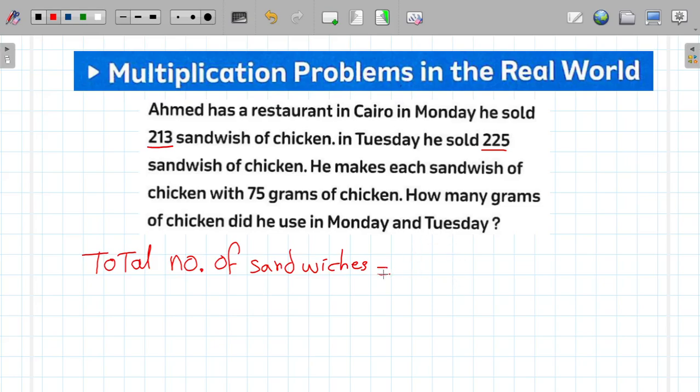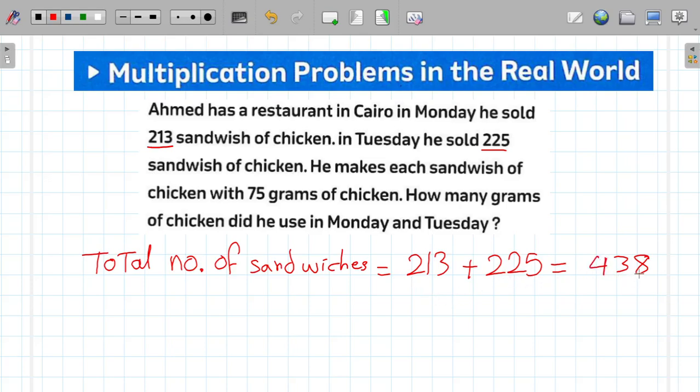So in Monday he sold 213, and in Tuesday he sold 225. So the total will be 3 plus 5 equals 8, 1 plus 2 equals 3, and 2 plus 2 equals 4.